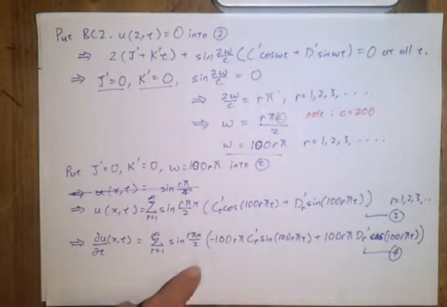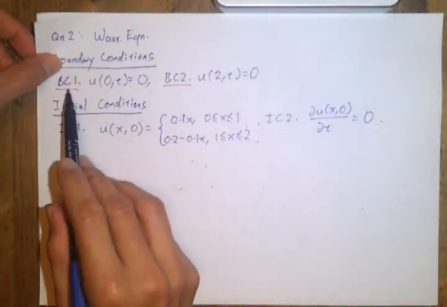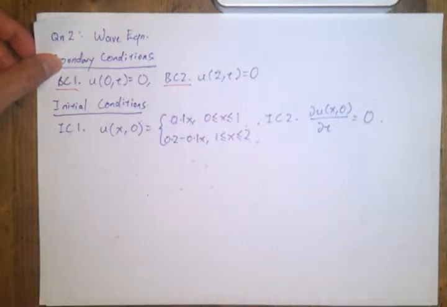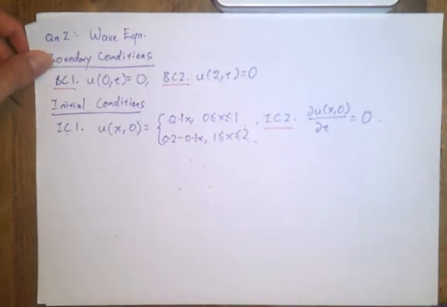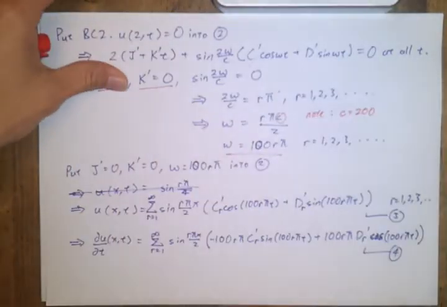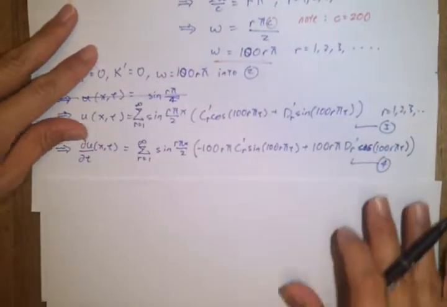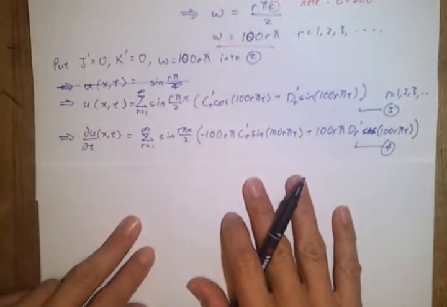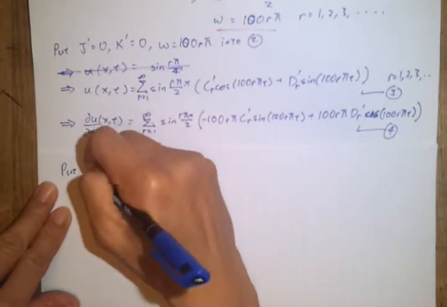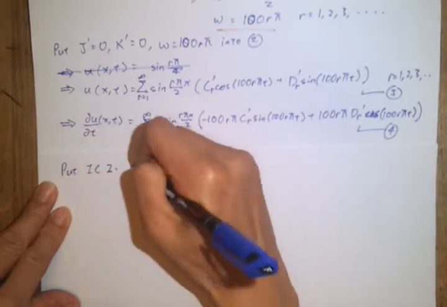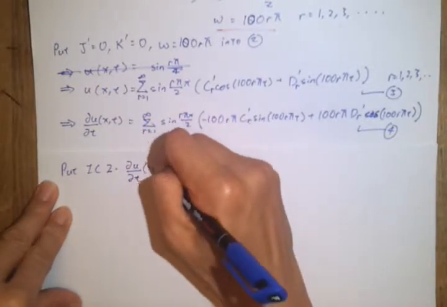Now I'm going to start applying the two initial conditions. I've already done BC1 and BC2. I'm going to start with initial condition 2 first, because this is easier. I have these two equations, 3 and 4. Initial condition 2 is du dt at time equals 0 is equal to 0.